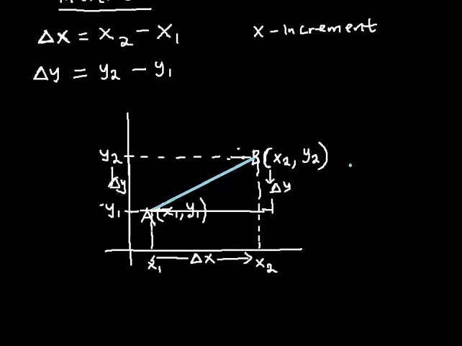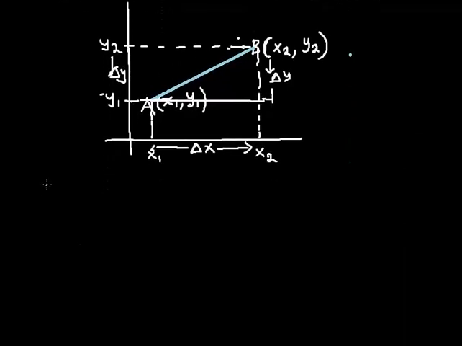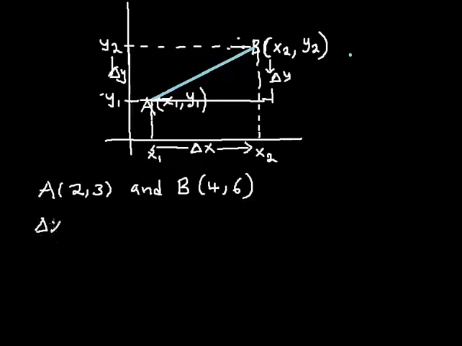So invariably now, let's say for example you are given a = (2, 3) and another point b, which probably is (4, 6). If you are to find delta x, remember delta x is the final point x2 minus x1, and that will give us 4 minus 2, which is 2.